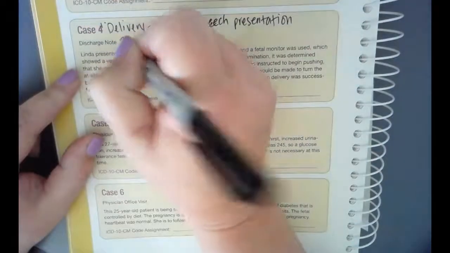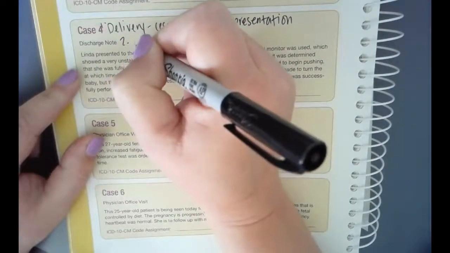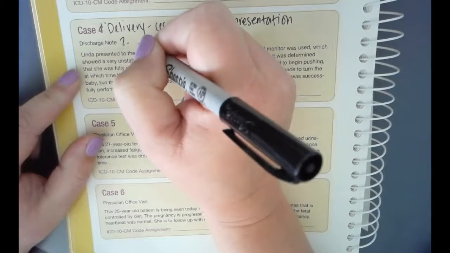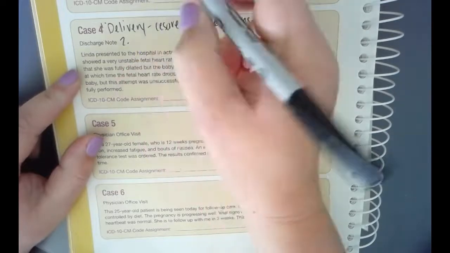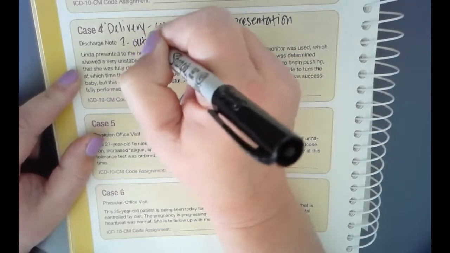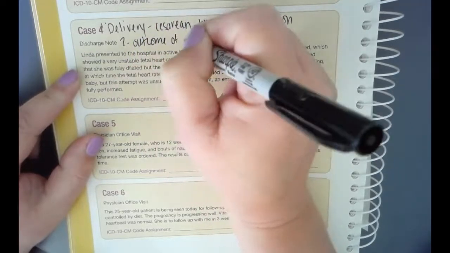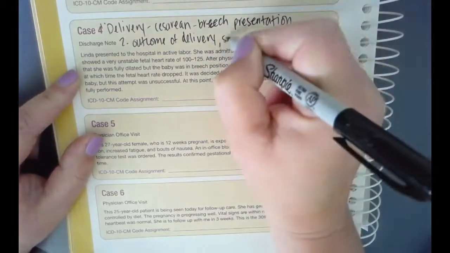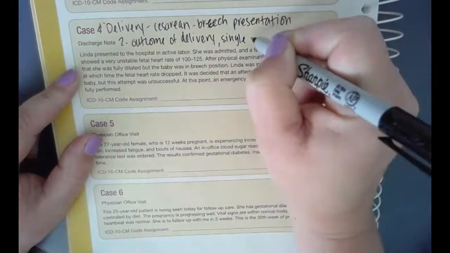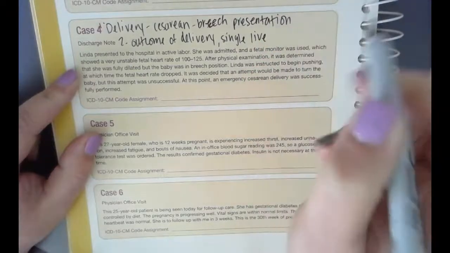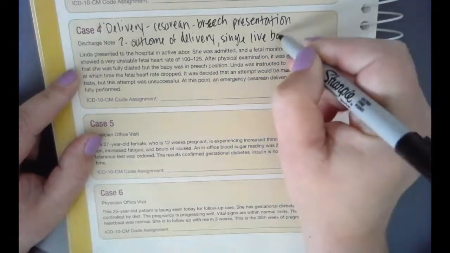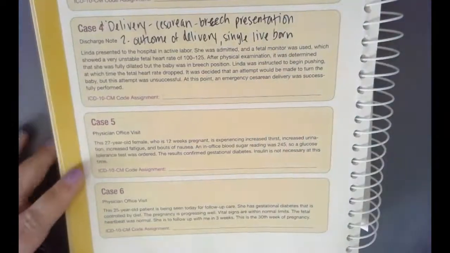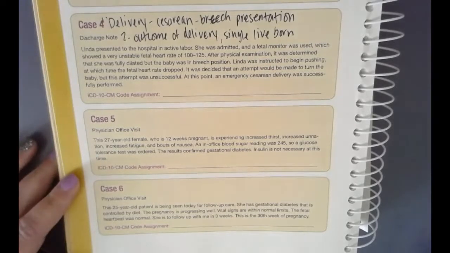Your first code, your second code, same thing as case study 2, outcome of delivery. Single live born. Alright, so that's case 4.